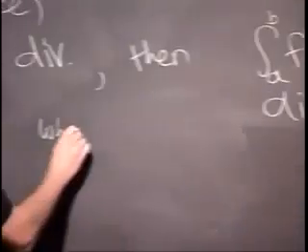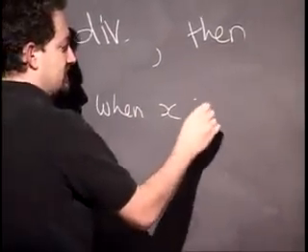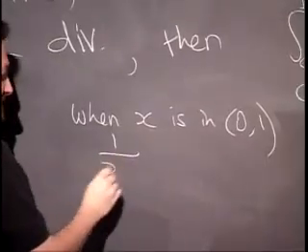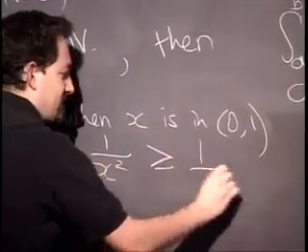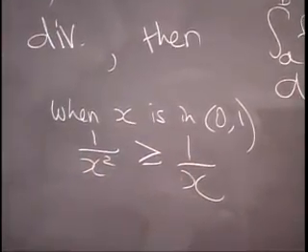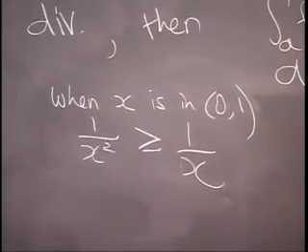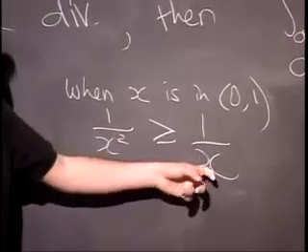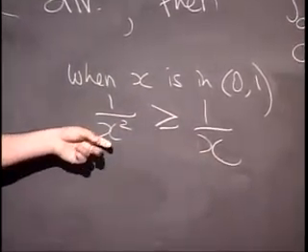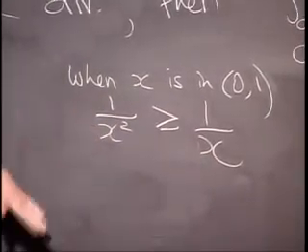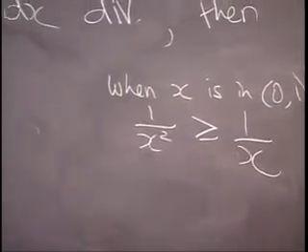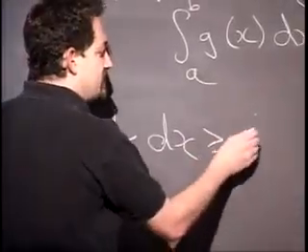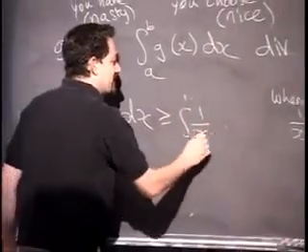When x is between 0 and 1, 1 over x squared is actually bigger than 1 over x. Right? Try it for 1/2. If x is 1/2, 1 over a half is 2, but 1 over a quarter is 4. So 1 over x squared is sitting on top of 1 over x. So this means this integral is bigger than the integral of 1 over x dx.